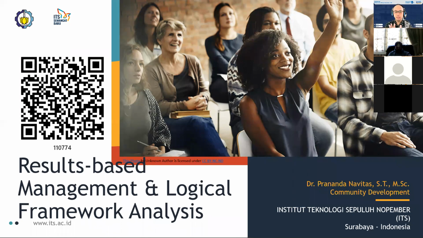The techniques that I'll be talking about in this session are results based management and logical framework analysis. A little bit of a disclaimer: both RBM, or results based management, and logical framework analysis, or LFA, are quite similar.